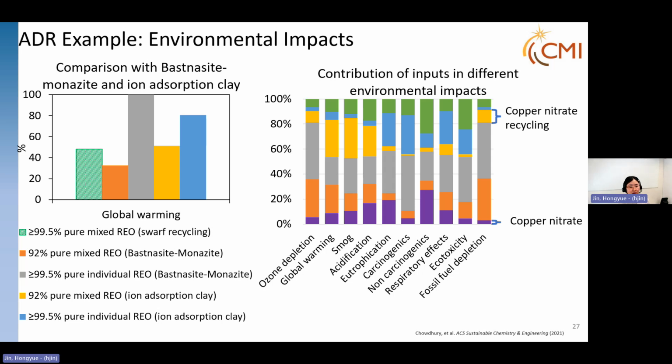Because the recycled product produces a unique product output that is not directly available in the conventional market, the closest we can find conventionally is 92% pure mixed rare earth oxide, as opposed to our product of 99.5% higher purity. This is the lower bound. The upper bound is 99.5% or higher purity individual rare earth oxide.